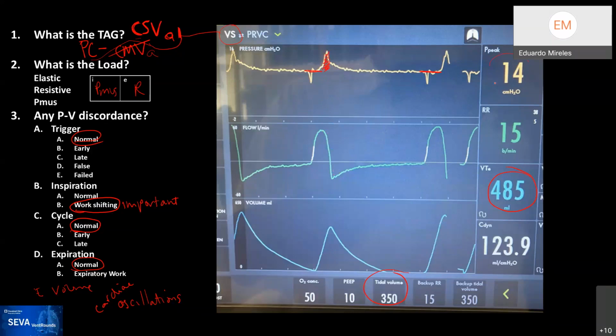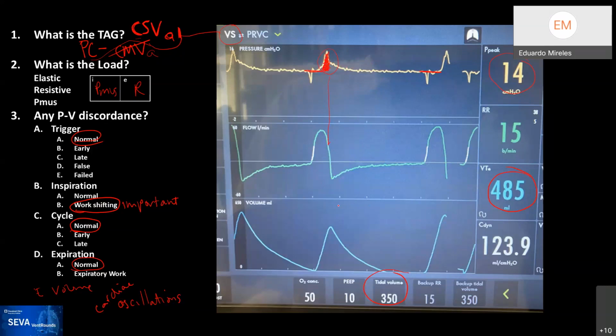And so you see this peak pressure, and if you're charting or thinking how much support this patient is getting, you may think that the patient is getting 4 centimeters of inspiratory pressure, but actually the patient is getting nothing. This is just an artifact. Yes, this is the same as what we saw on the other one, but it's happening more aggressively because the patient is dropping rapidly from inspiration to exhalation. So the patient is not getting any support at all. All of this is fake support or anti-support.